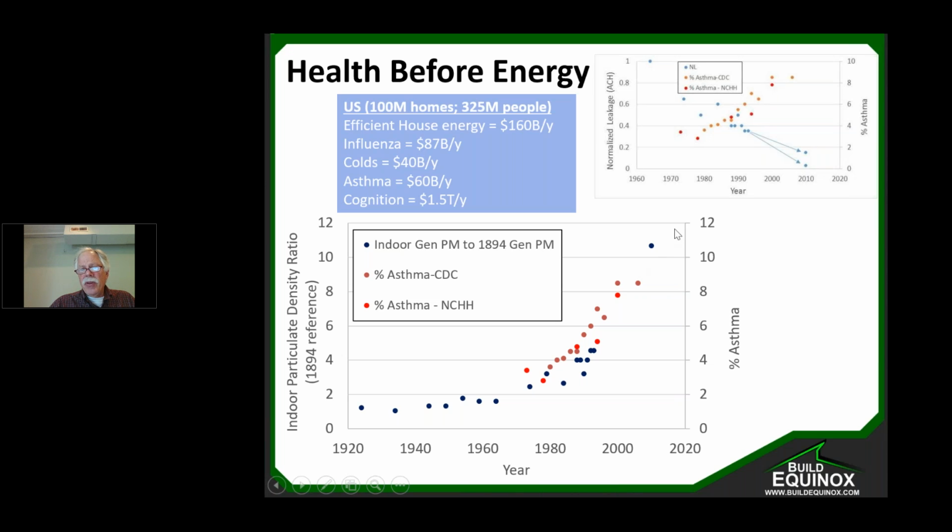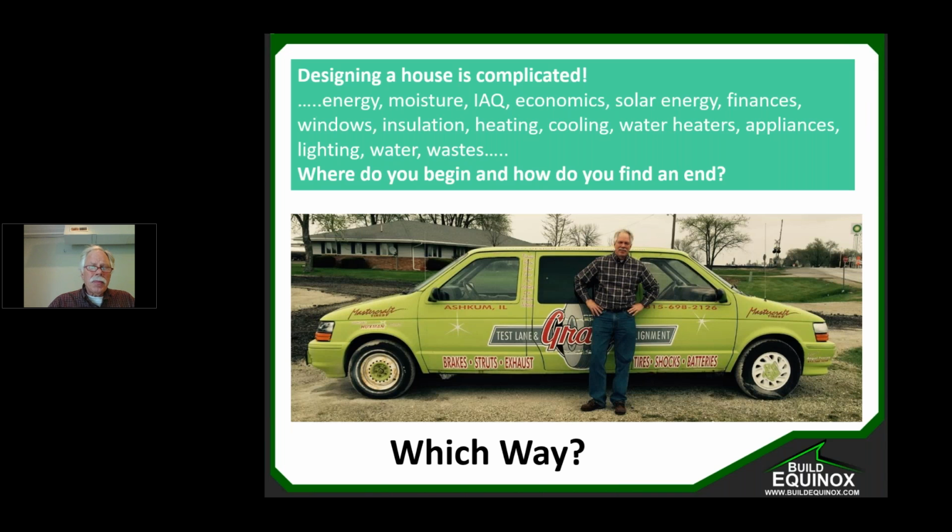And at the same time, we've increased to nearly 10% asthma. Is one of these the cause of the other? We don't know. Or is it something that exacerbates the other? We don't know, but for sure, these things seem to go hand in hand. We're immersing ourselves in higher and higher concentrations of things indoors, even though we've been able to seal the outdoors.